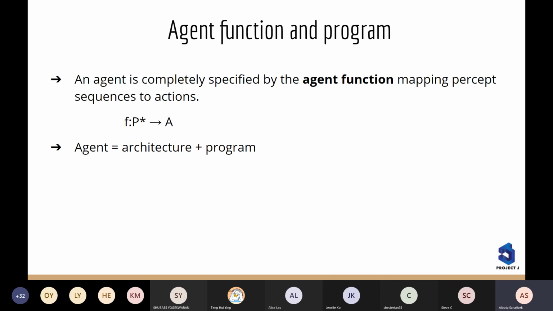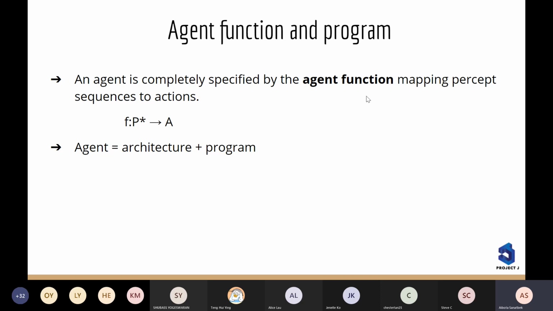The role of the agent function is to map every possible percept sequence, which simply means perceptual inputs to our agent, to the possible actions that our agent can perform as described in this function, right? So we can say that an agent's behavior is completely described by this agent function.